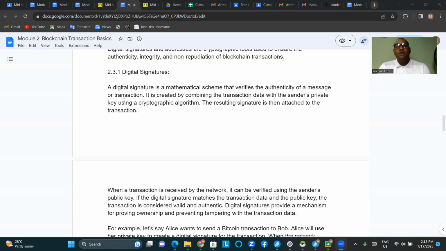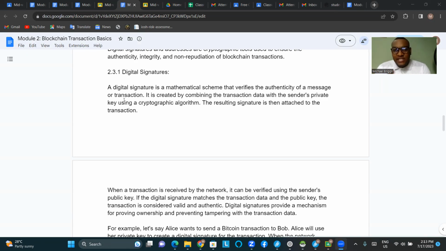Once this transaction is submitted to the network on the blockchain, it can be verified using the sender's public key. Now, don't get confused. This is not the same as the hash. The hash, as we explained, is a unique identifier used to identify a particular transaction.